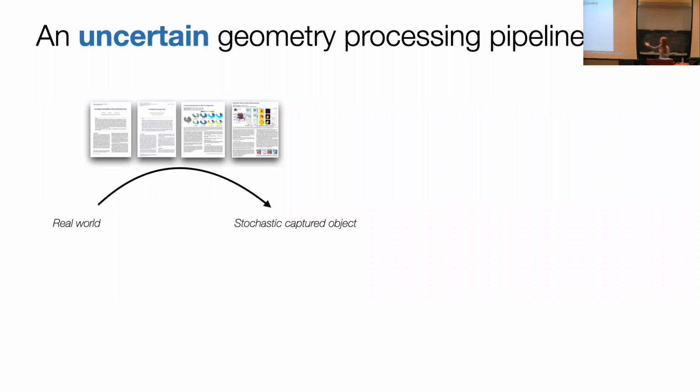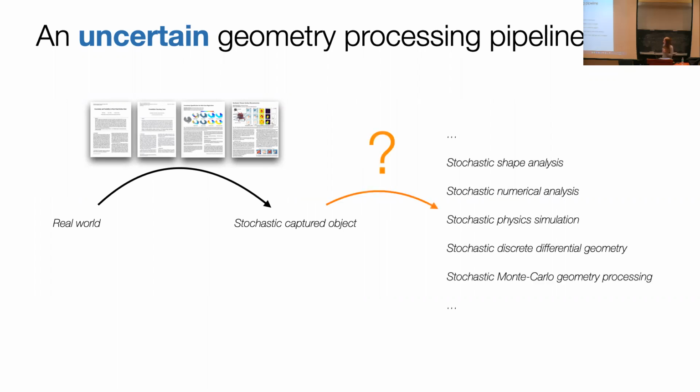But then we don't do much with those stochastic captured objects. I think something I'm trying to work on now is carrying that stochasticity through the geometry processing pipeline. So, okay, we captured an uncertain shape. How do we do uncertain discrete differential geometry on it? Or how do we do uncertain numerical analysis on it, right?